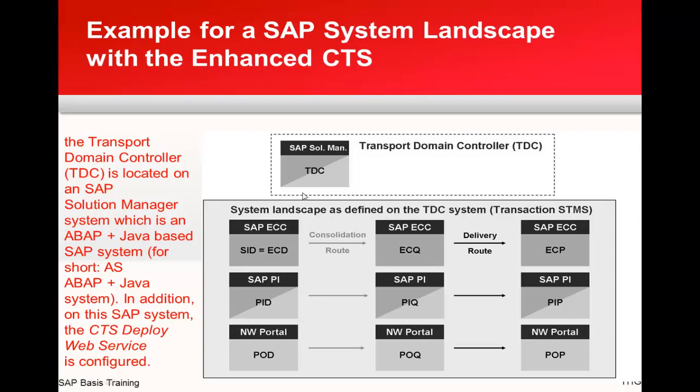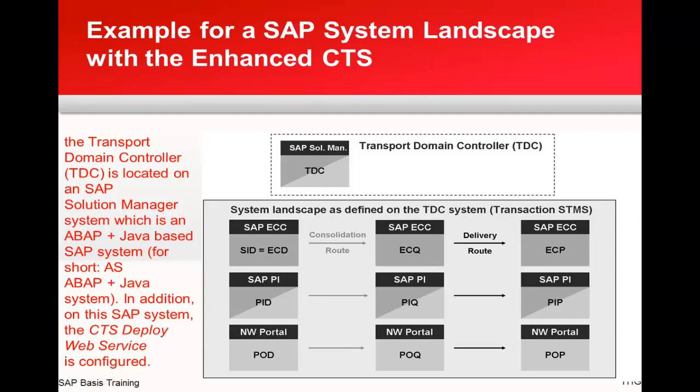You can see this is a landscape for the ECC system. Then you have the PI system landscape. For ECC you have ECD, ECQ, ECP. From D to Q it is a consolidation route, from Q to P it is a delivery route. For PI it is the same: PID to PIQ to PIP.